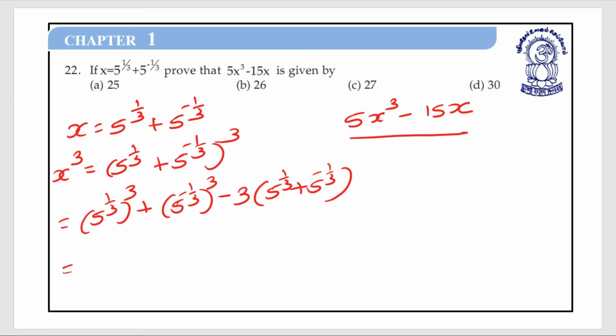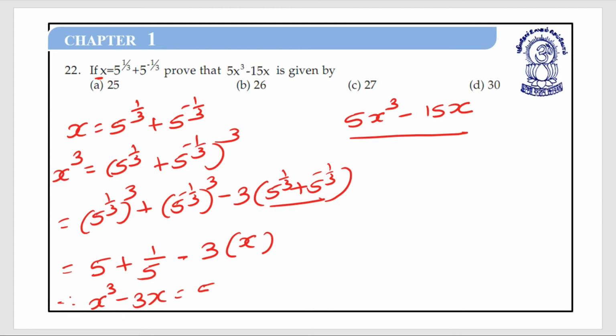So the 3s cancel, and we get 5 plus 1 upon 5 minus 3x, where this represents the x. So x cube minus 3x is equal to 5 plus 1 upon 5.